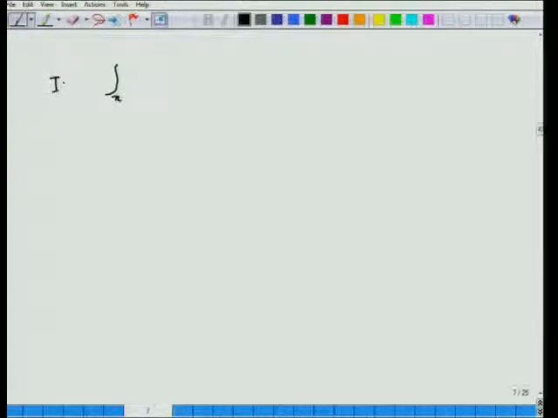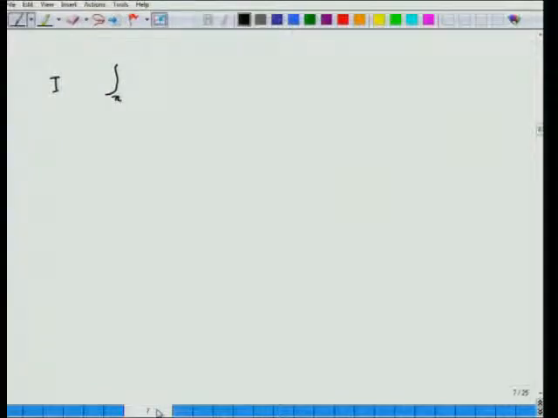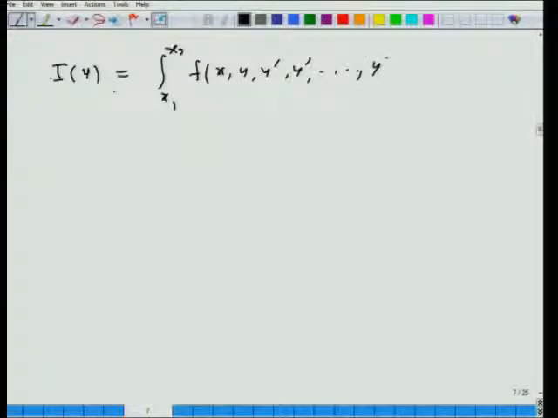In the previous case this I is a function of y1, y2 and yn, and here in this case let us say a special case, you have I as y only, but then you have higher order derivatives appearing: the integral from x1 to x2 of f of x, y, y prime, y double prime, and up to the nth derivative of y.